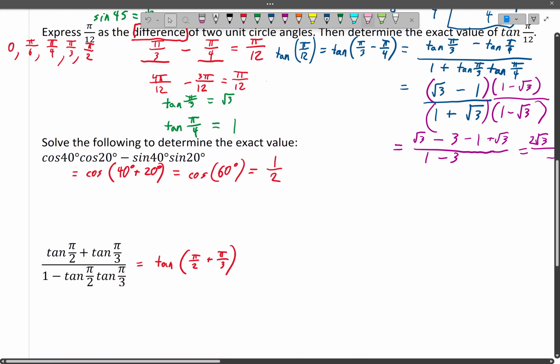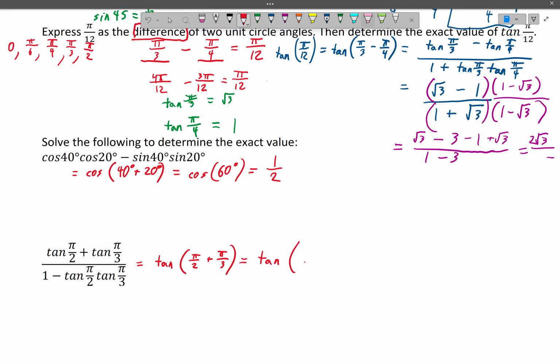Plus, yeah. Okay, now whenever we add or subtract fractions, you have to have common denominators. So this is going to be 3 pi over 6, this is going to be 2 pi over 6, which means this is tan of 5 pi over 6.